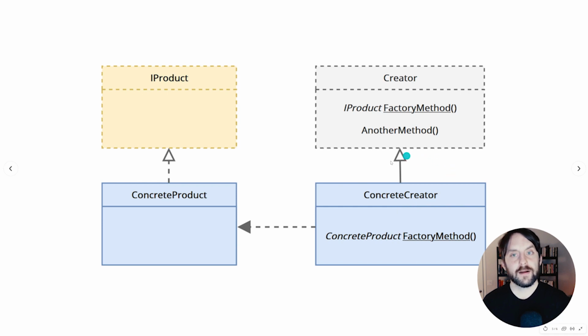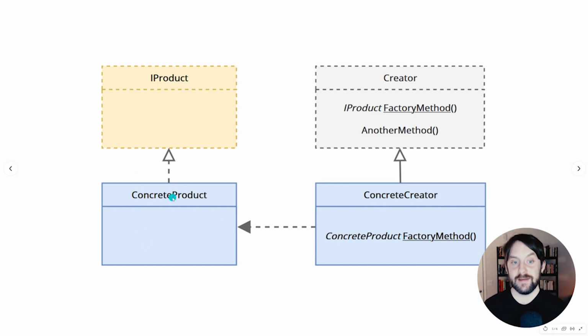We have our concrete creator, and this is a concrete class that extends our creator class, and it's going to override this factory method to return a particular implementation of iProduct, in this case, concrete product. And so our concrete creator's factory method is going to be able to instantiate concrete products.